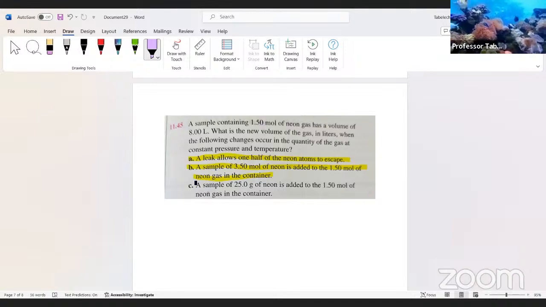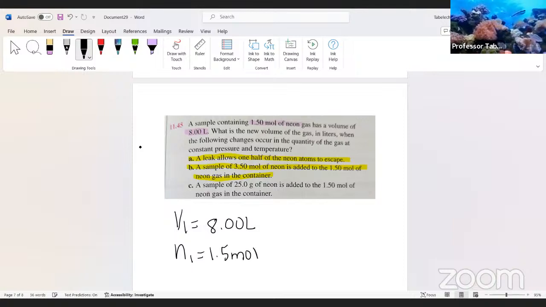You were given 1.5 moles of neon gas, and you were also given 8.00 liters. Okay, so before I go any further, let me write that down again, okay? So your V1 was equal to 8.00 liters, and my N1 was equal to 1.5 moles.